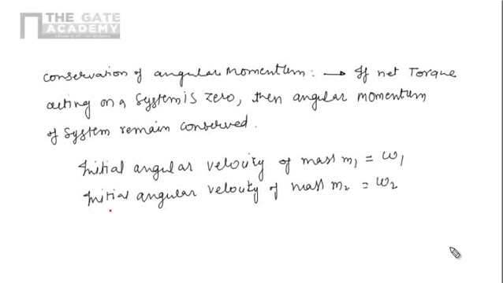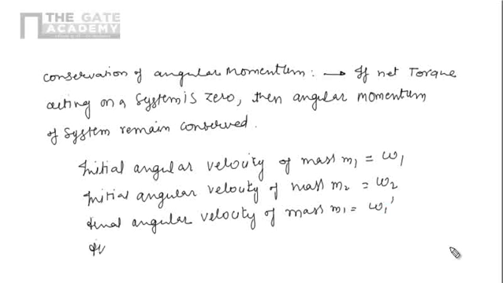Similarly, suppose the final angular velocity of mass m1 is omega 1 dash, and the final angular velocity of mass m2 is omega 2 dash.